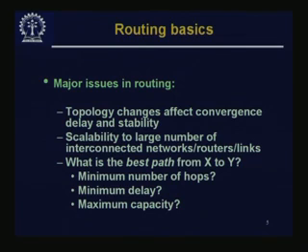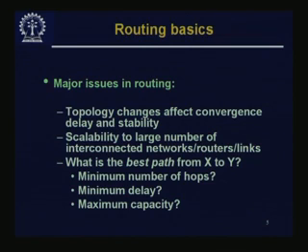This may affect delay and stability, and other issues are there. The other problem is scalability to a large number of interconnected networks, routers or links, as I was talking about. Even when you come down from nodes to networks, this is still a very large problem.